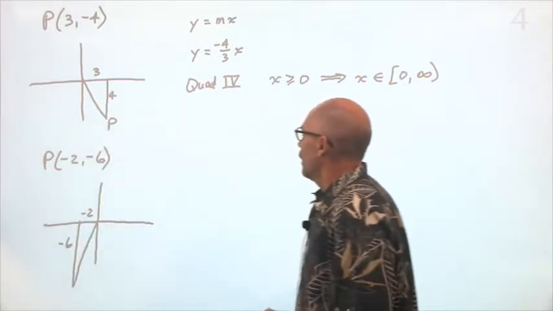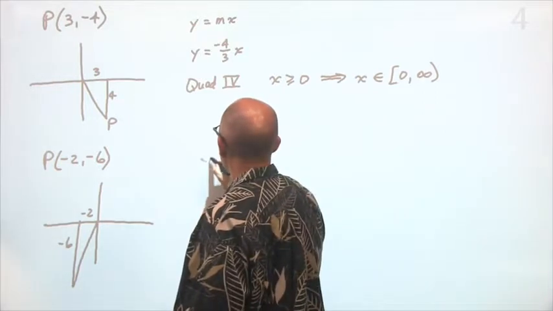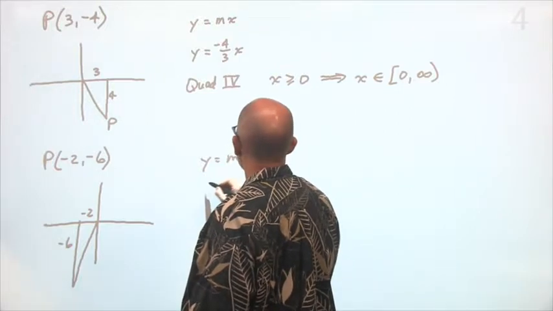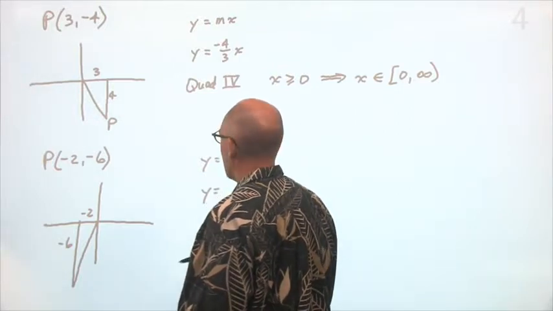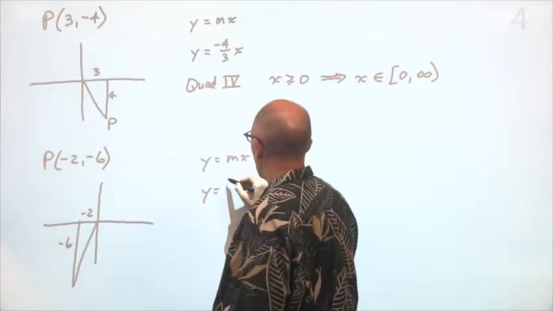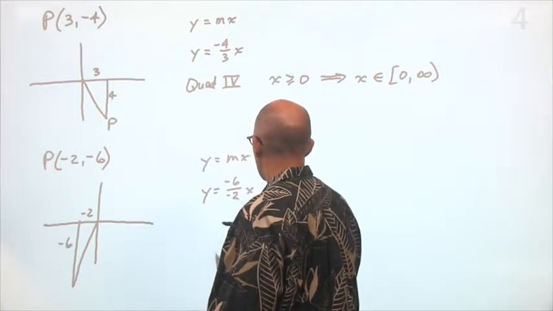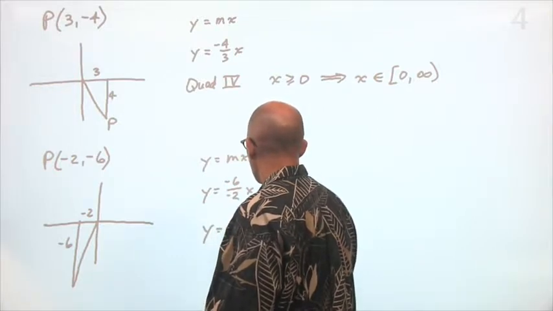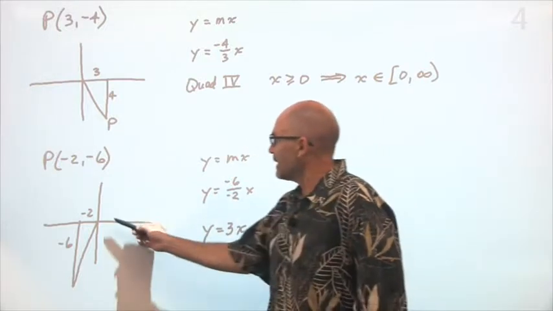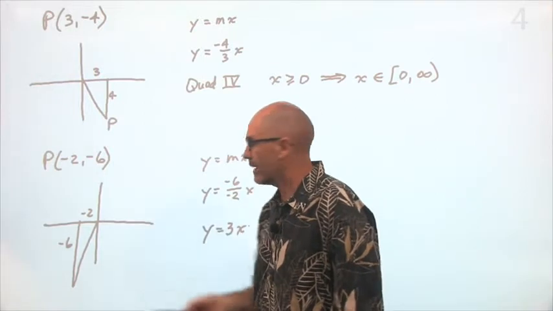All right, so this time I still have y equals mx, which means m is -6 divided by -2, y over x. So y equals 3x. And notice, this is a positive 3 slope because it's going uphill from left to right.